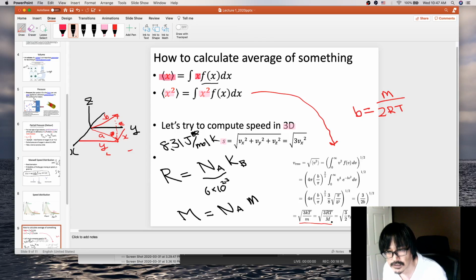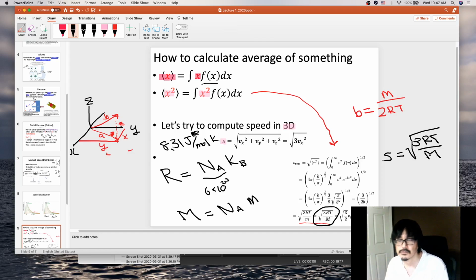These two are exactly the same thing. Let's just work with the per mole quantity, which is the one right here. So what we have here is that the speed is equal to 3RT over M. That's the three-dimensional speed.